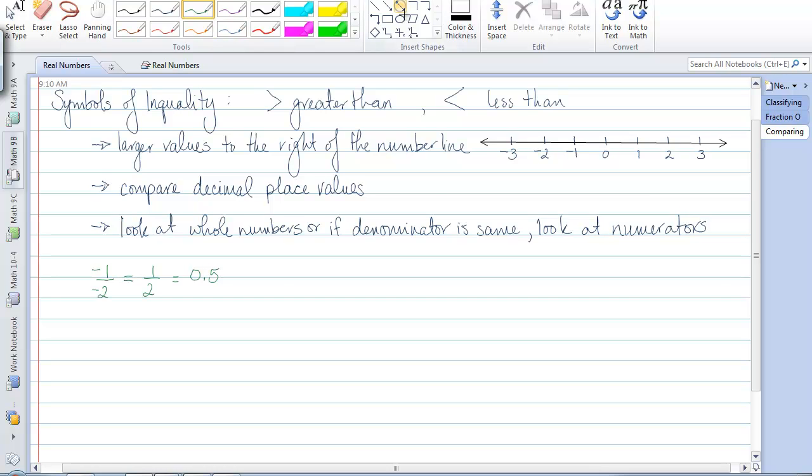Either way, if we place that on a number line, we can see that if this is 0 and this is positive 1, we know that 1/2 is going to lie right in the middle between 0 and positive 1, and this being negative 1 down here.